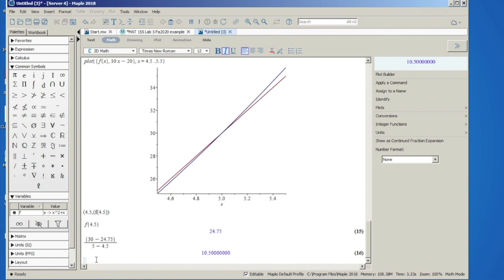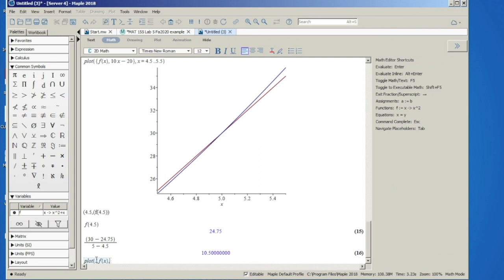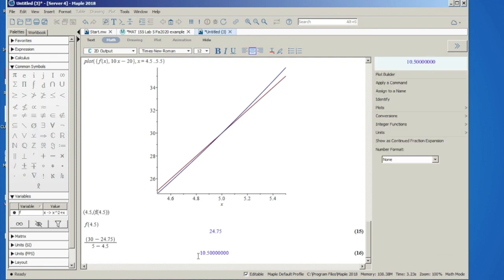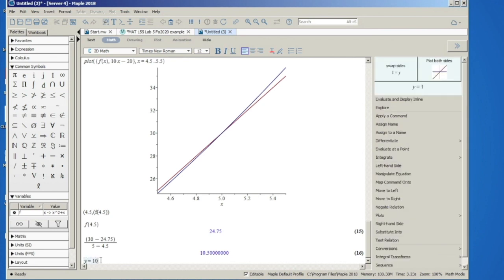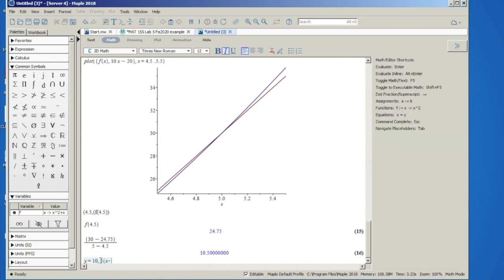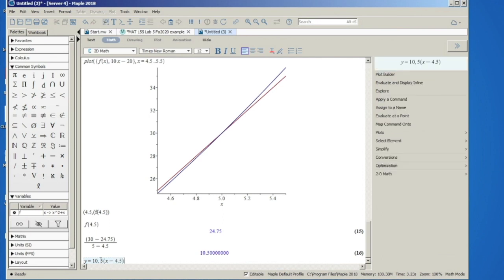So let's see what we get here. So we have f, actually plot f of x, and I could actually do this, but let me actually write the equation of the line. So the equation of the line is y equals 10.5 times x minus 4.5, plus 24.75.